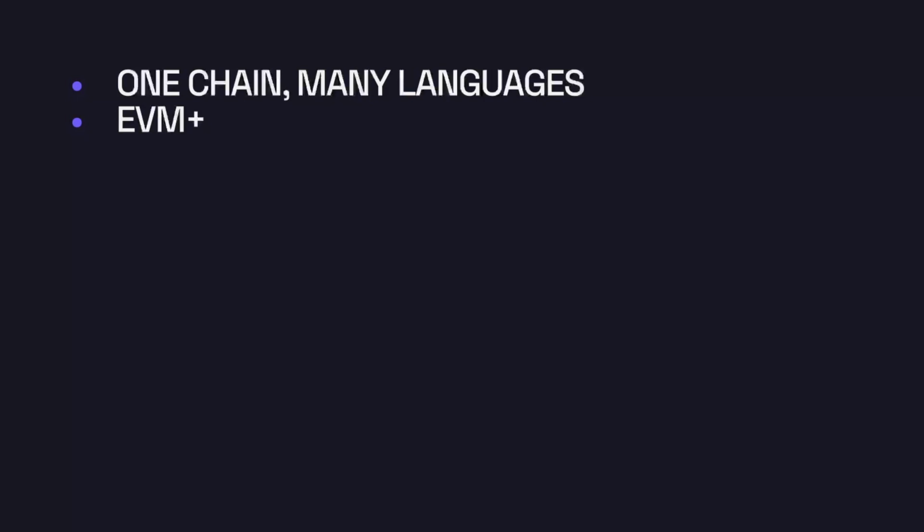So let's say you want to build a somewhat complicated project that might be easier to do in something like Rust, that's better suited for a language like Rust. It is possible to build a project where part of your code base you're deploying in Rust for the complicated stuff, and then part of your code base you're writing in Solidity to follow standards, right?